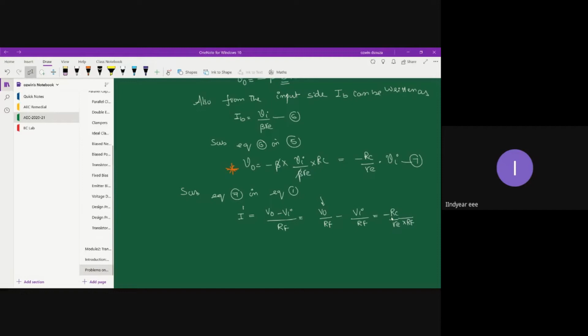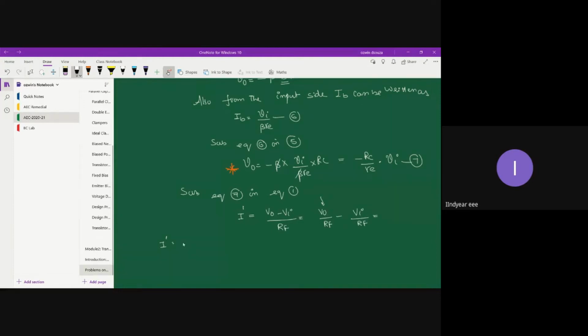Since there is no space, here, let me write. So I dash is equal to V naught.